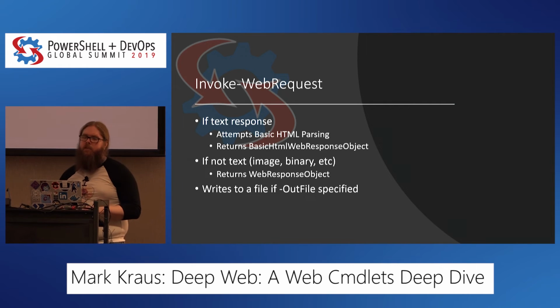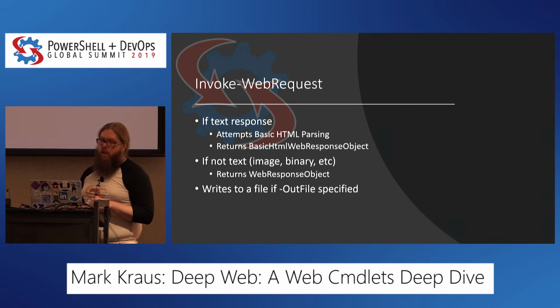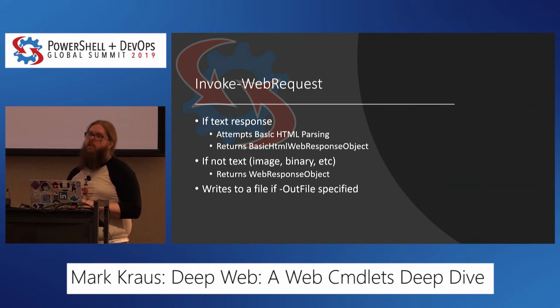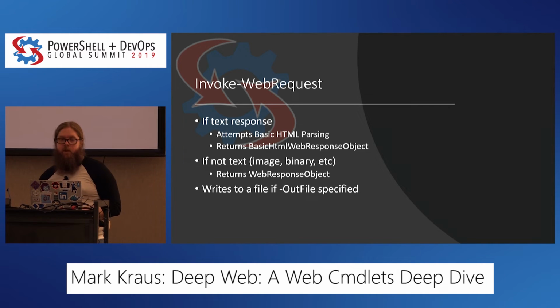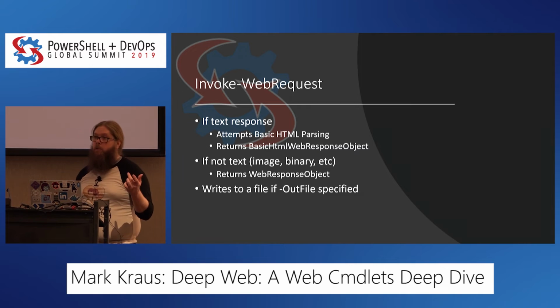But if it's not, like if it's an image or a binary or something like that, it returns a web response object that basically has the stream available in it that you can do whatever with. And then if you've passed in OutFile, I'm going to go ahead and write that to the file that you've specified. So it's not doing much. The bulk of the work is actually in the base cmdlet.